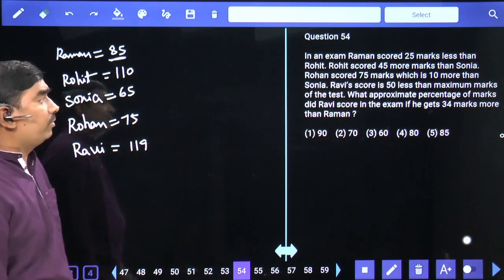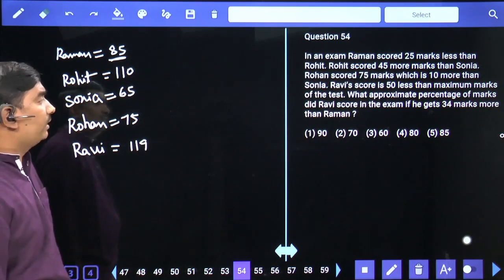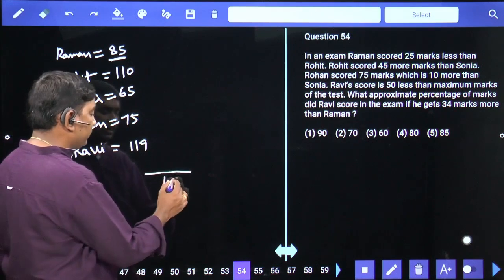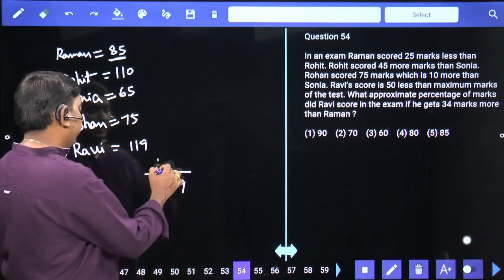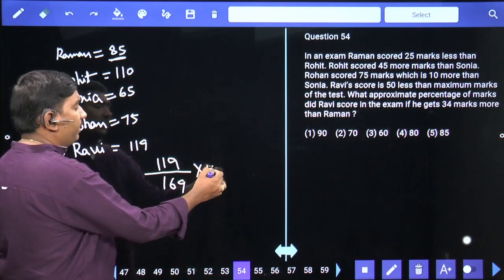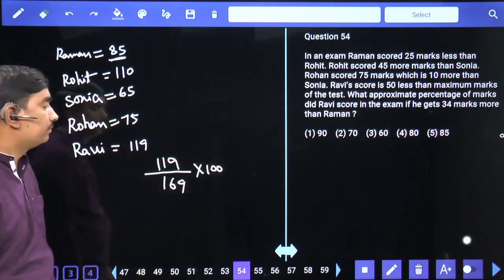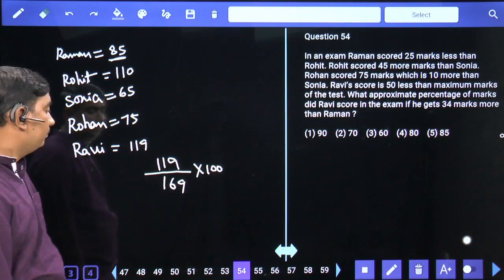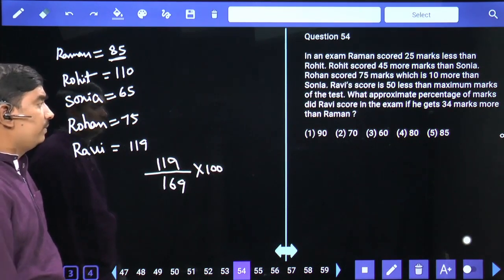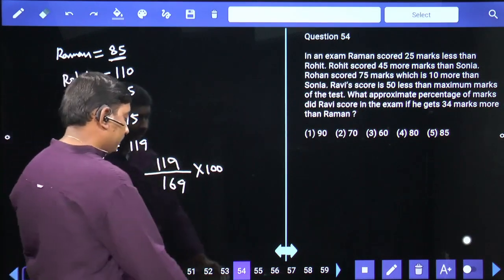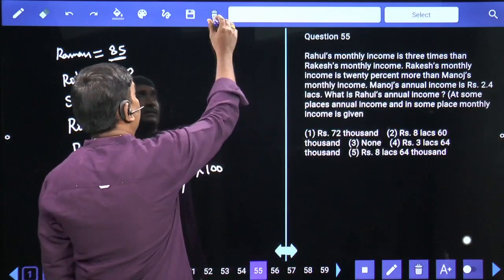This 119 is 50 lesser than the maximum marks, so maximum marks are 169. Then Ravi scored 119. So 119 is what percent of 169? 170, 17 sevens are 119. Approximately 70% is your answer. Next.